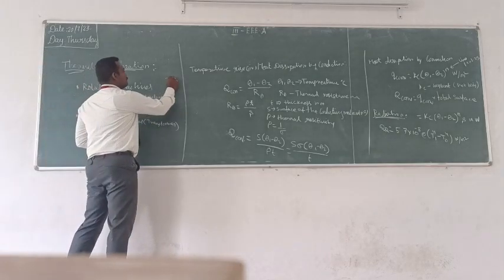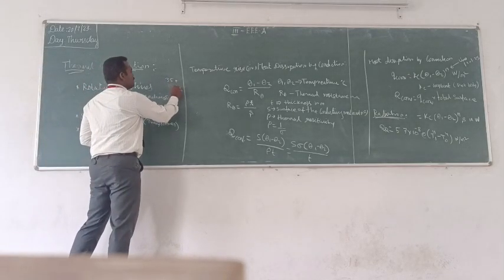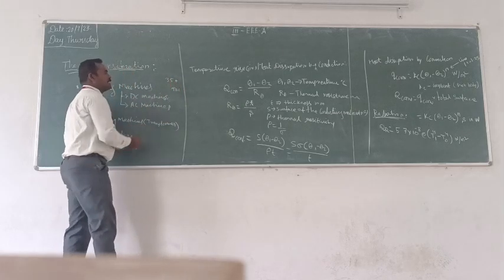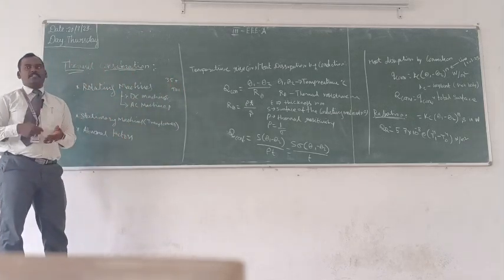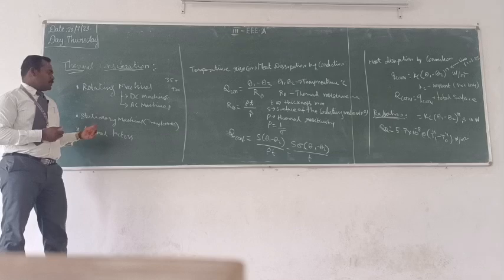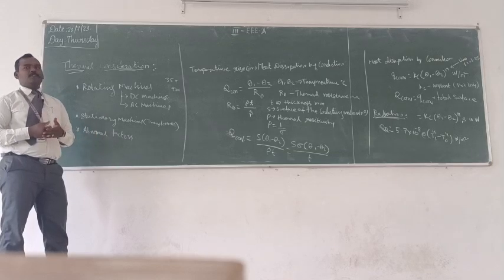For example, 35 plus or 90 degrees. Okay, so up to 90 degrees we can apply the load. After that, if we keep on applying the load, due to overloading capacity or any load variation, the temperature also gets raised.